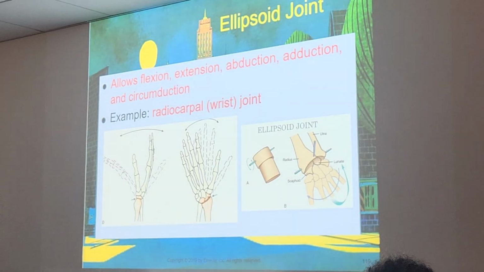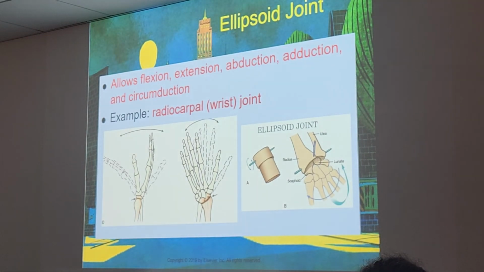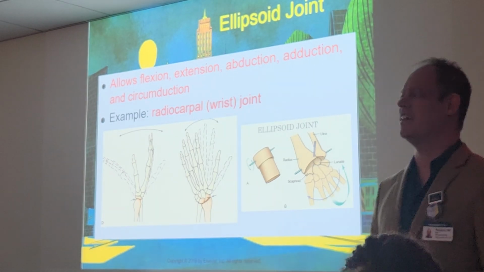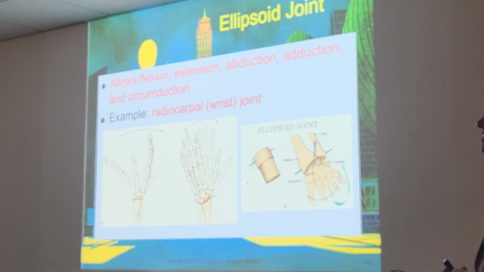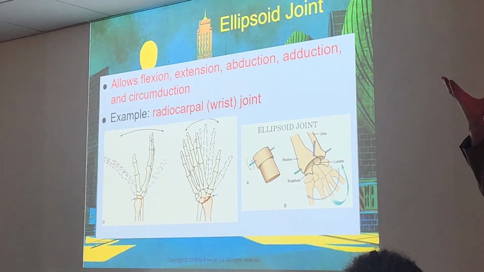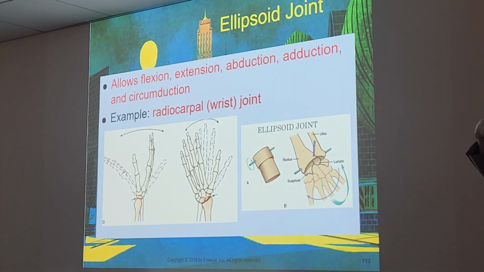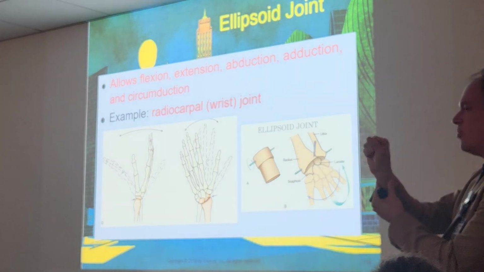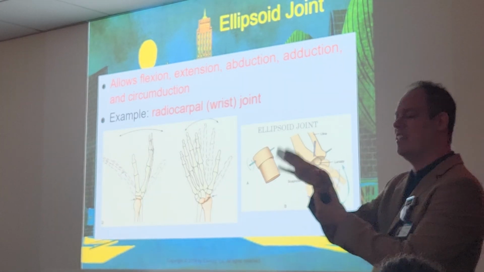All right, we have the ellipsoid joint that allows what we call flexion, extension, abduction, adduction, and circumduction. That's a bunch of them there. Allows that full range of motion on your wrist, guys. So the radiocarpal joint. The radiocarpal wrist joint would be the most famous ellipsoid joint.